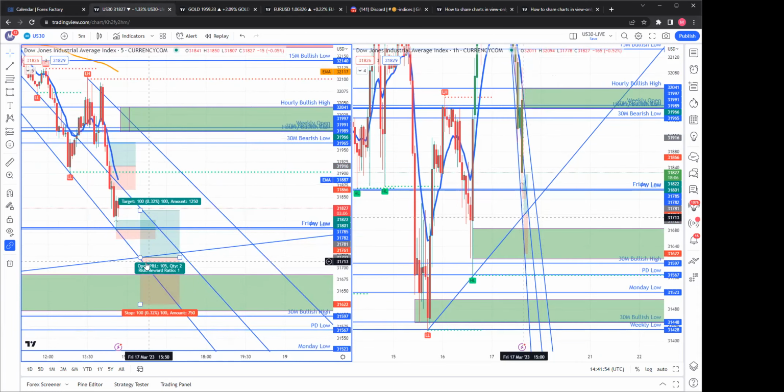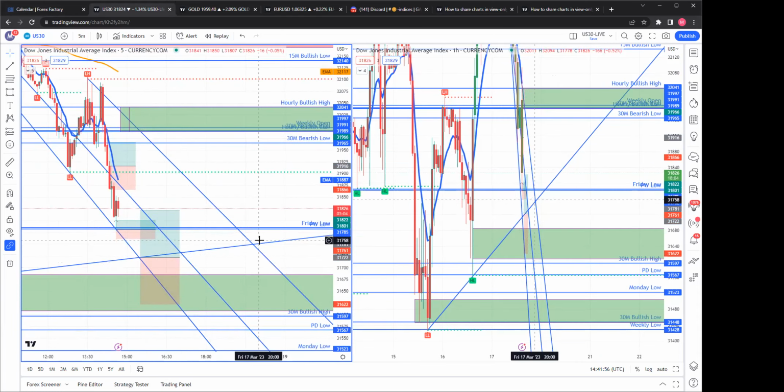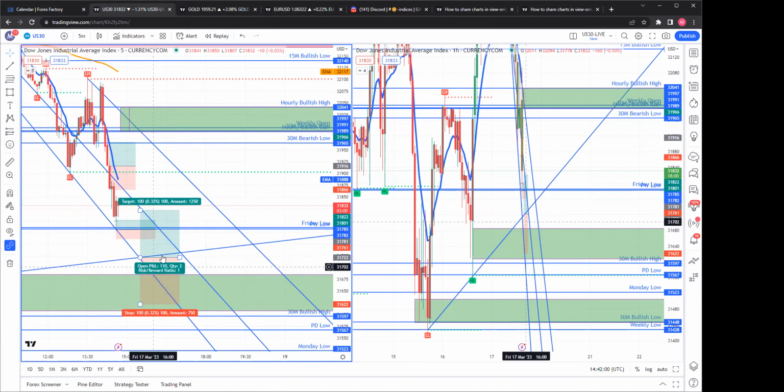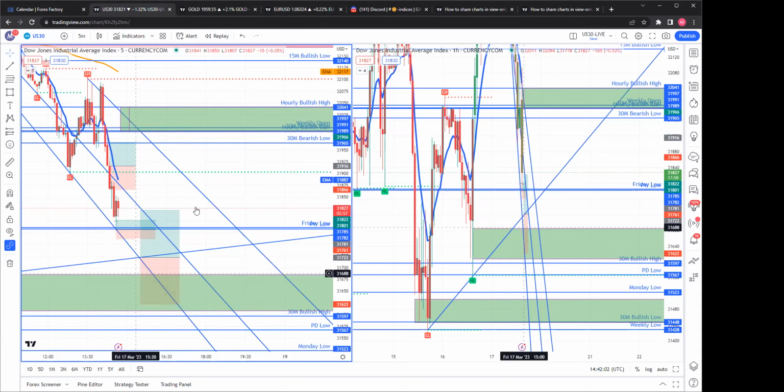So if you don't want to enter on an exact retest and you want a perfect entry, when price comes down here, wait for a lower low and then a high low, draw that trend line to the upside, wait for price to break at the very least out of this descending channel, or descending trend, right here.